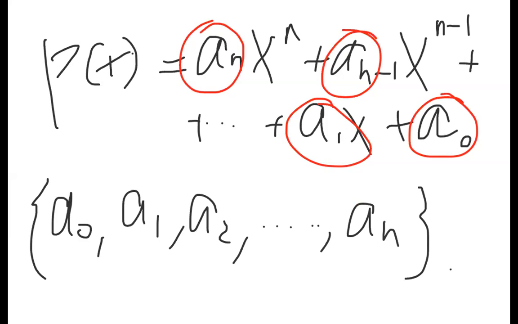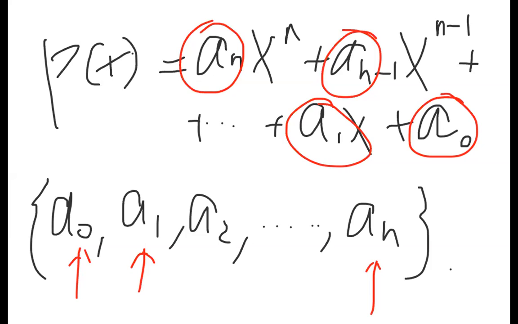The first number refers to the coefficient for the constant term, the next corresponds to the coefficient for the first power term, all the way to the last number, which corresponds to the coefficient for the nth power term. So you have an ordered list.